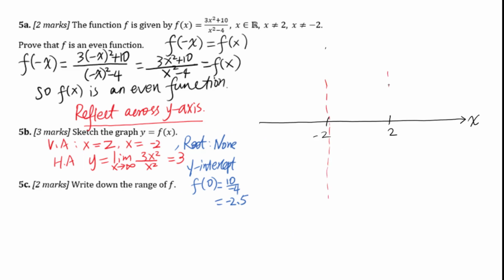Let's draw the sign diagram. Vertical asymptote lines, then the horizontal asymptote line, y equals 3. X equals negative 2, x equals 2. We don't have roots, so we find a number. Let's use 0.